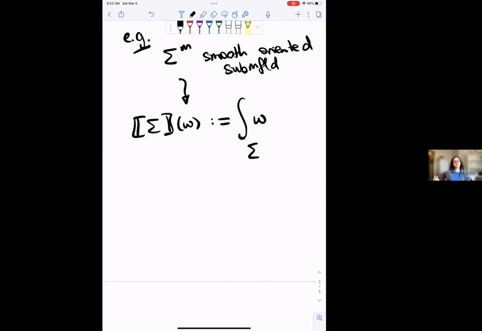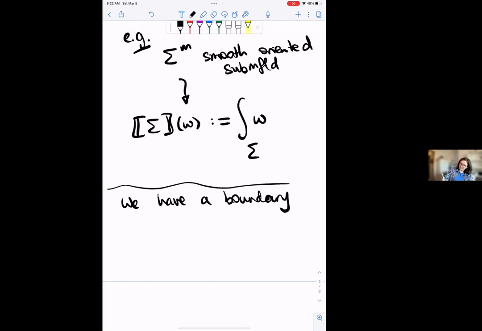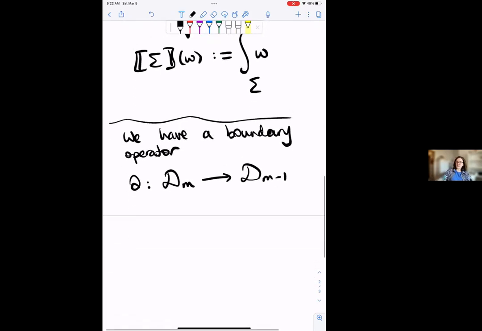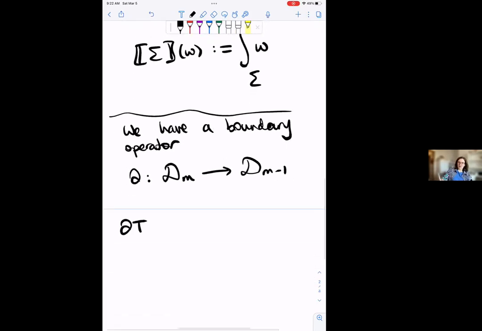This space of m-dimensional currents comes with a boundary operator. So we have a boundary operator, which takes the space of m-dimensional currents to the space of (m-1)-dimensional currents. And it acts by duality.